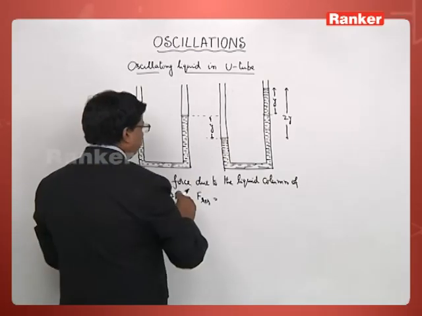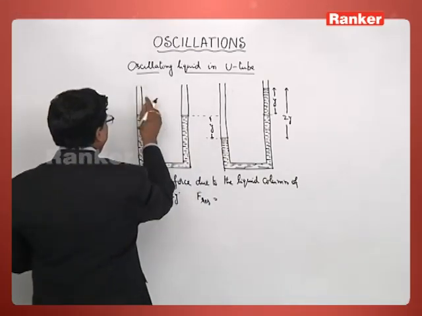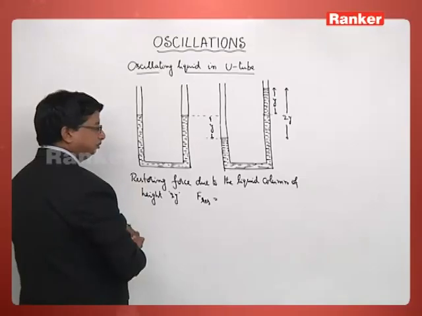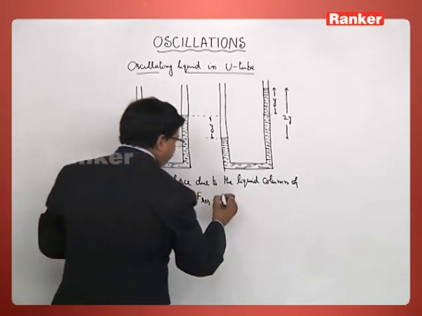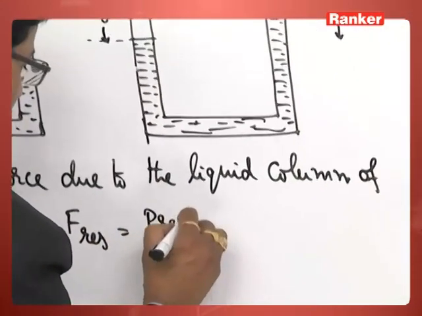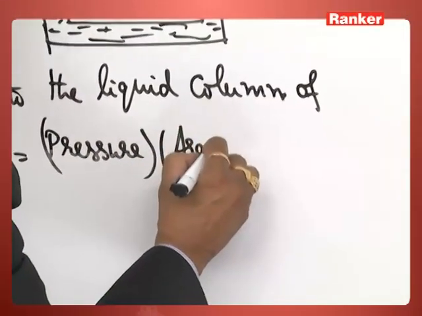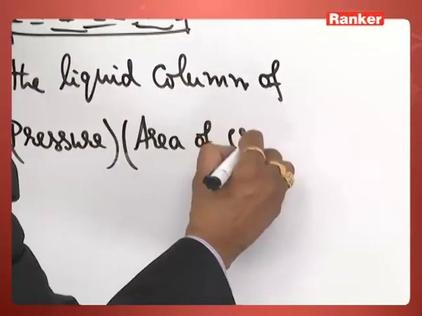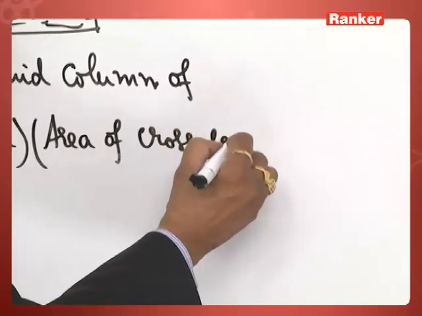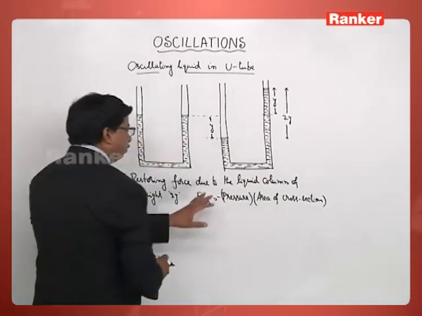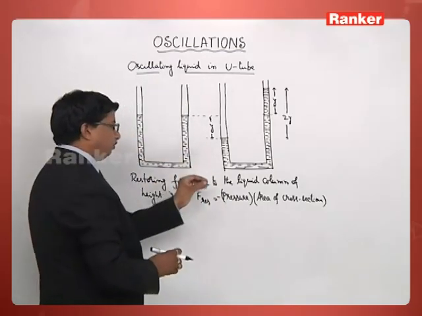In this case we consider the area of cross section of this tube as A. Since it is a restoring force, we put its sign as negative.